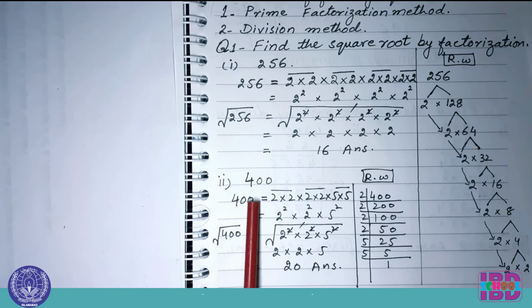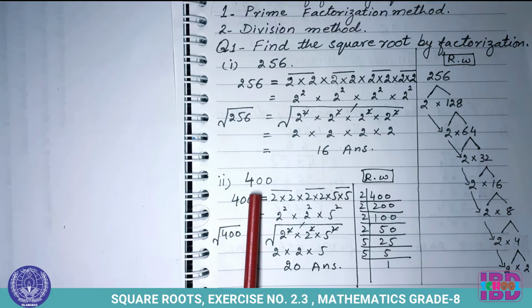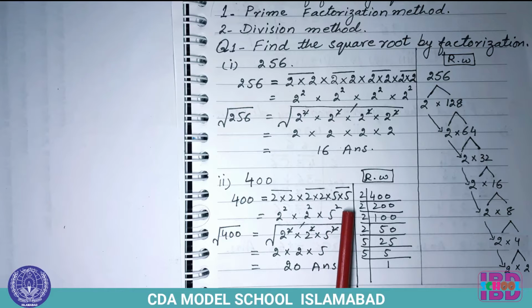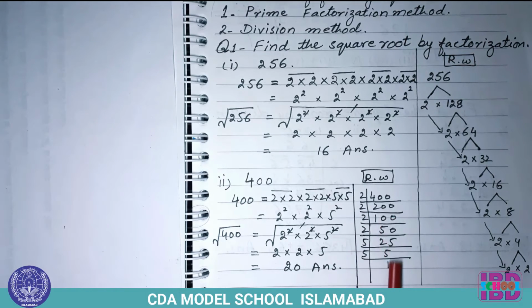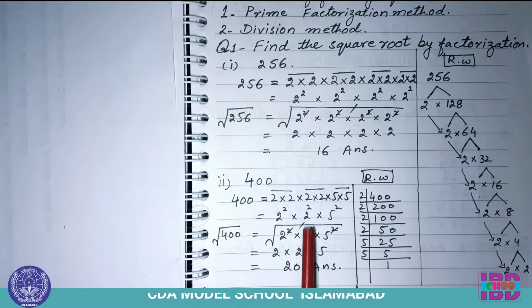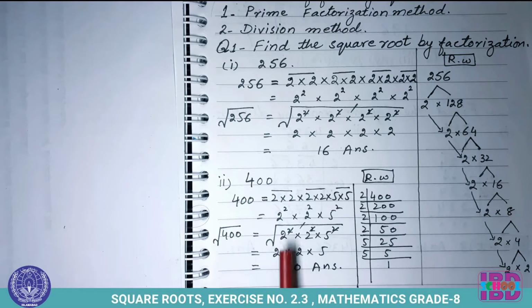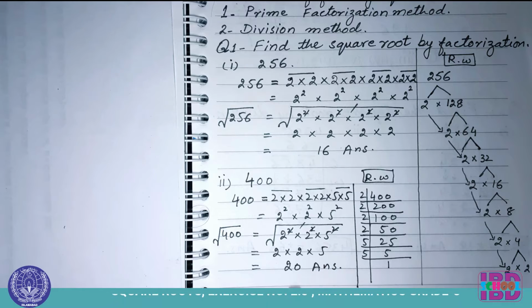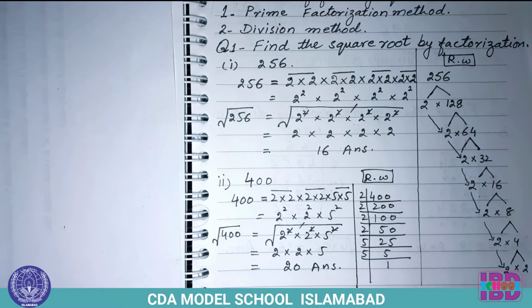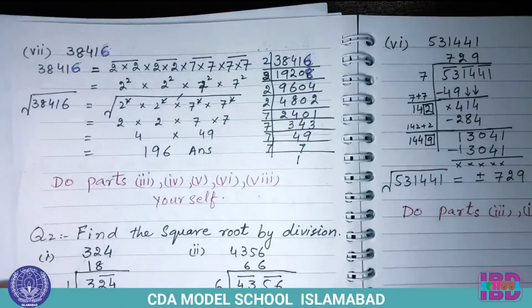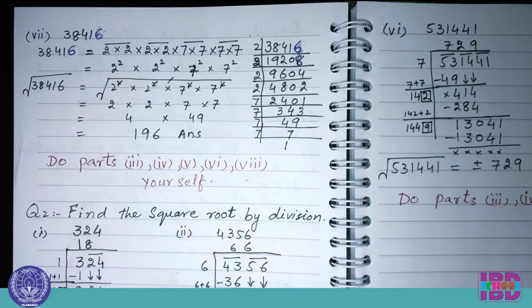Here I solve part 2, that is 400, whose prime factors are 2 into 2 into 2 into 2 into 5 into 5. These are the pairs, 2 square into 2 square into 5 square. We choose one factor from each pair and got 2 into 2 into 5, and the product is 20, which is the square root of 400. Here I solve part 7 of question 1.